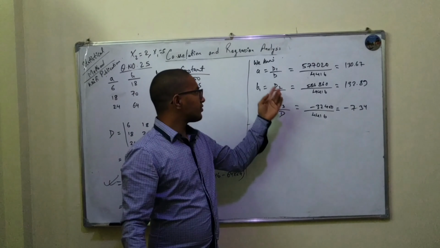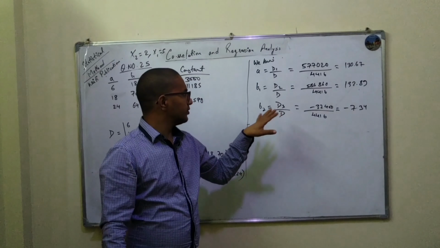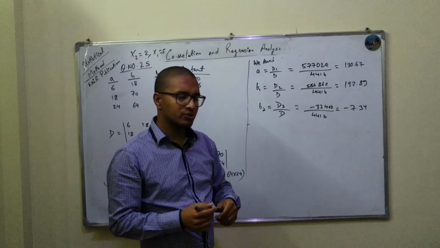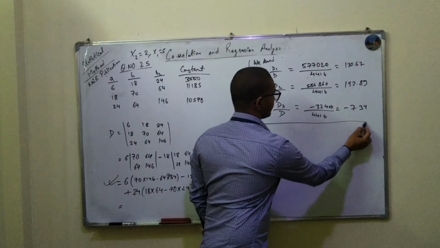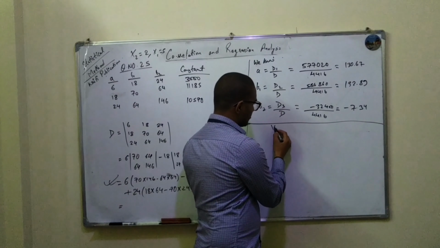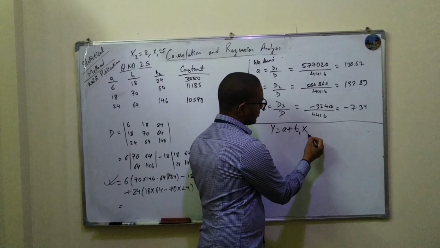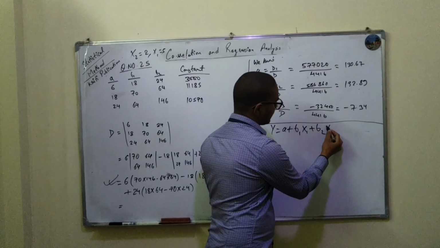So once we know our intercept and your two slopes, what we need to do is put these values in our first equation. What is our first equation? So our first equation was y is equal to a plus b1 x1 plus b2 x2, right?